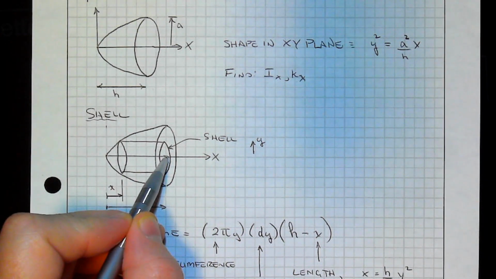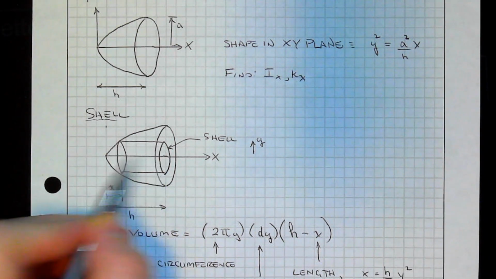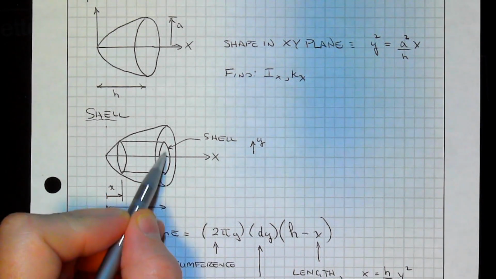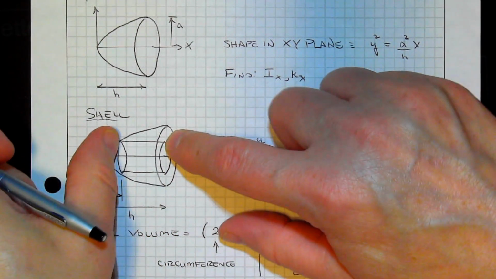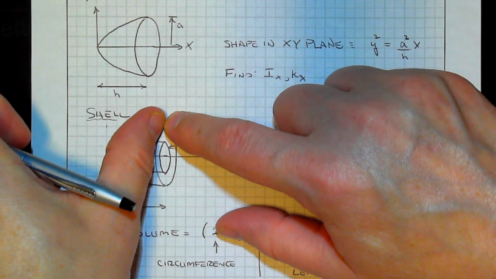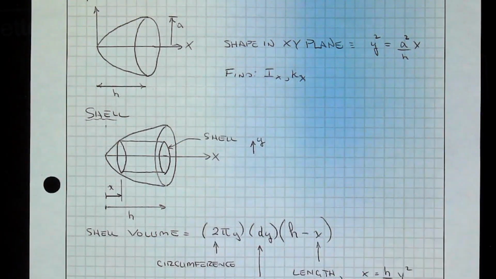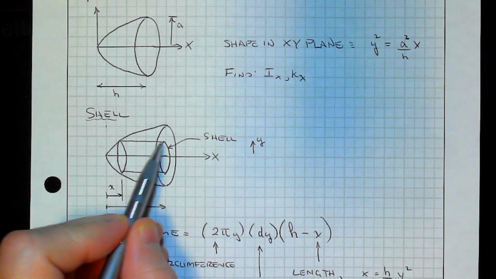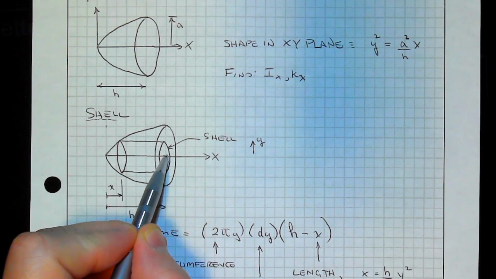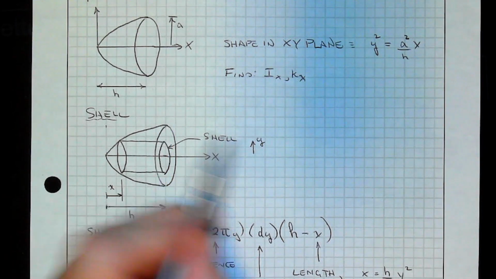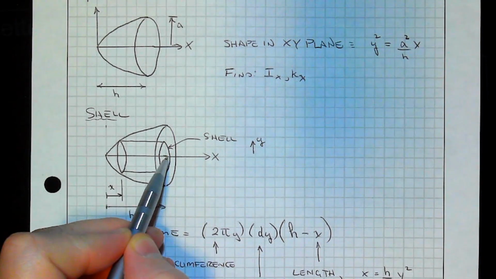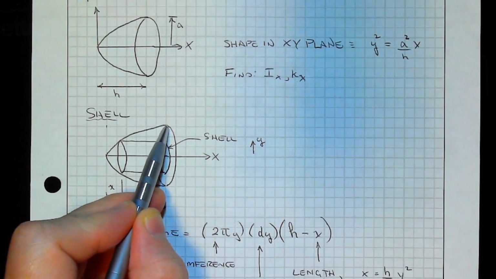Starting from a zero radius shell, it would go out at distance h, and as r gets bigger, the height of this shell gets progressively smaller and eventually down to 0. What we're going to do is go along the y-axis, so we'll let y be the radius, and we're going to go from 0 to a.